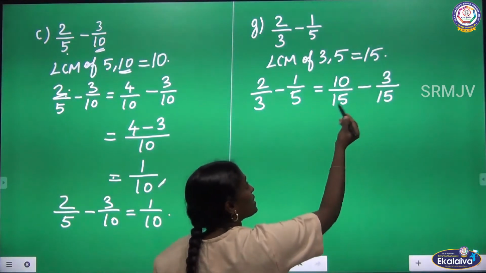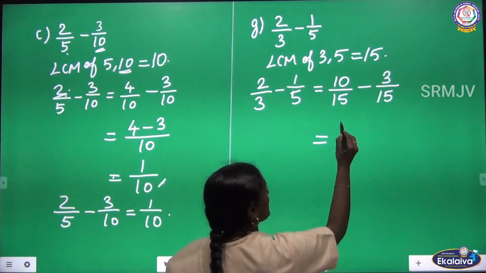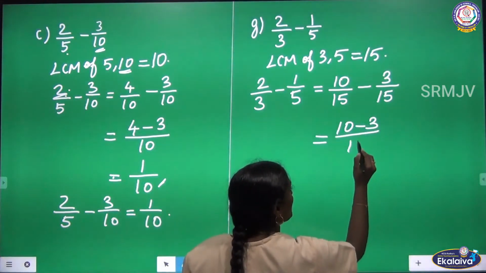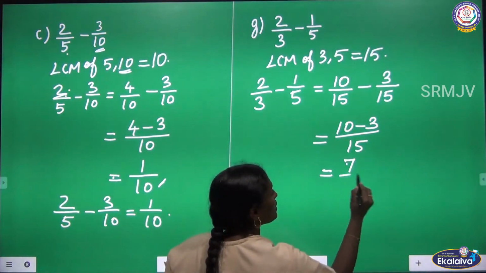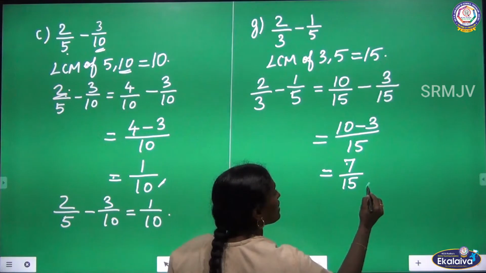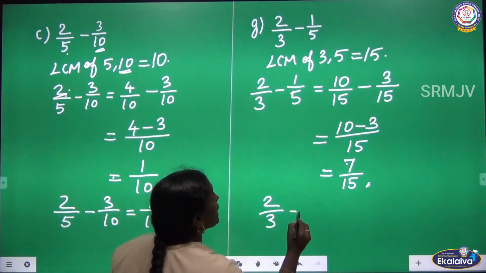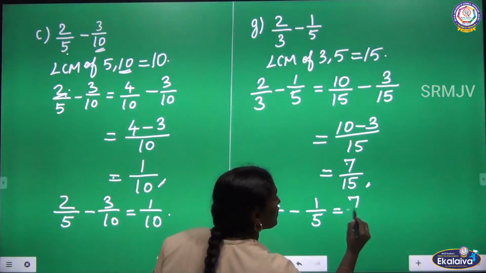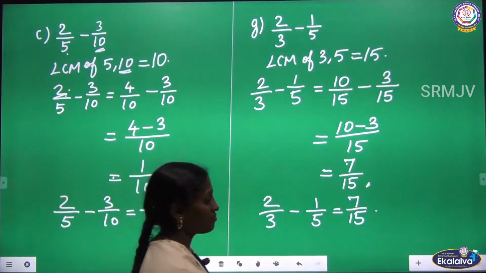Now, these two fractions are like fractions. We are going to subtract the numerator. 10 minus 3 divided by 15. Here, 10 minus 3, that is 7. 7 by 15 is the answer. So, 2 by 3 minus 1 by 5 is equal to 7 by 15. Is it clear, children?